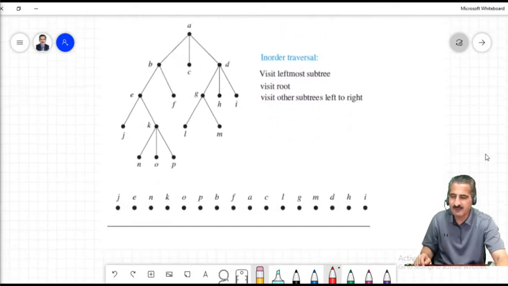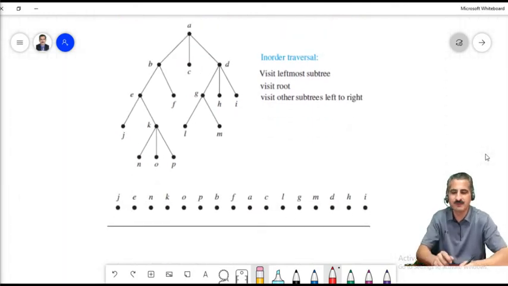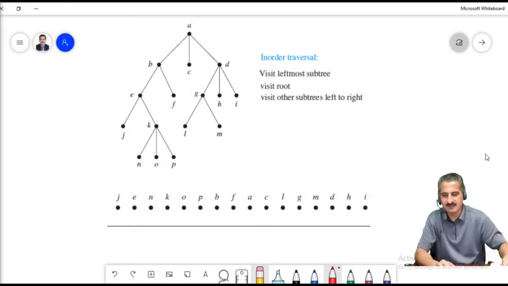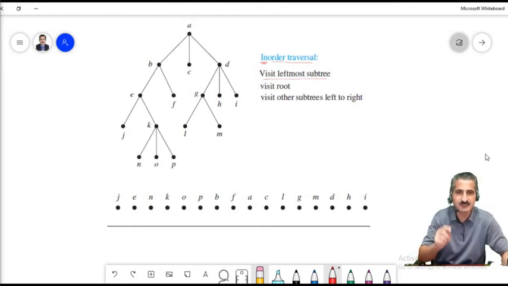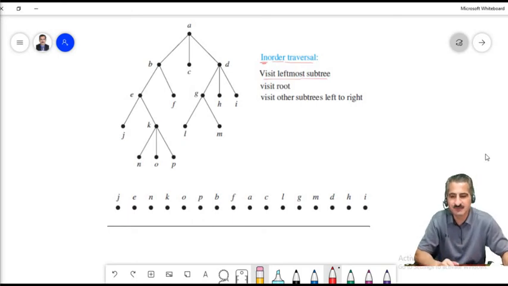Now the third algorithm for visiting trees is called in-order traversal. What does it say? Visit the leftmost subtree. Once you are done, take the root and then go to the other subtrees from left to right.